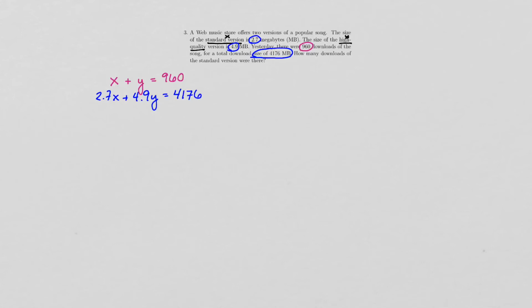So this one, again, I have a system of equations. If I solve the first one for X, X is going to be 960 minus Y. And if I plug that into the second equation, 2.7 times (960 minus Y) plus 4.9Y equals 4,176.